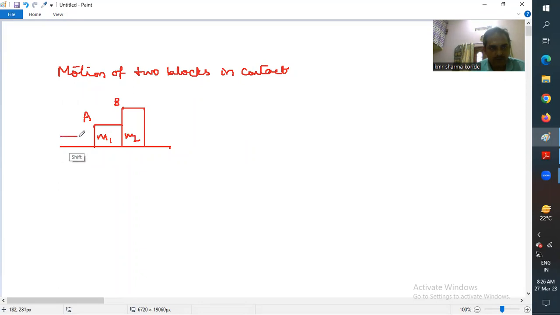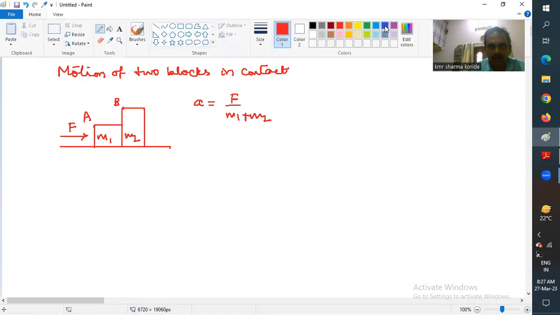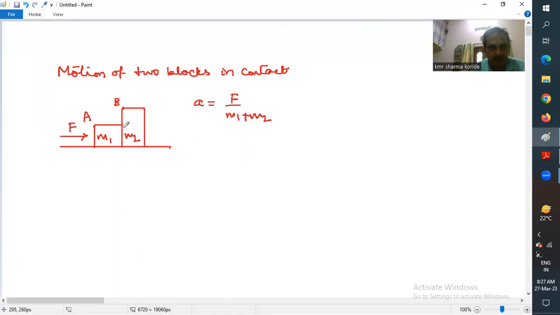Suppose a force is applied on block A. First we need to write the common acceleration: a is equal to F by m1 plus m2. Now let us find the contact force.